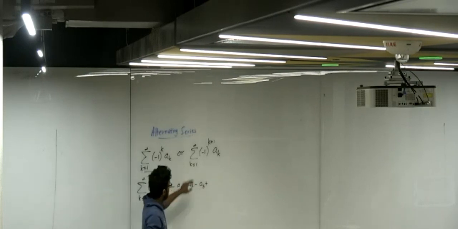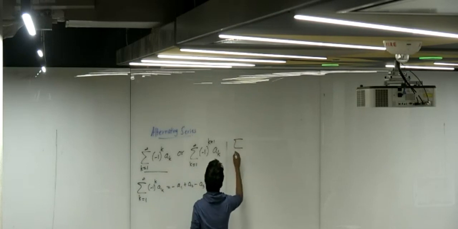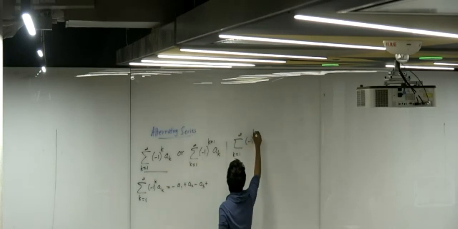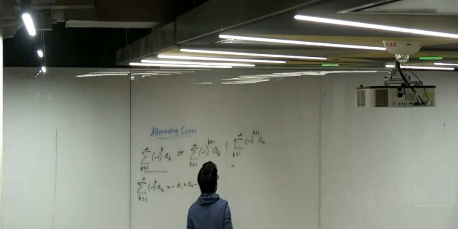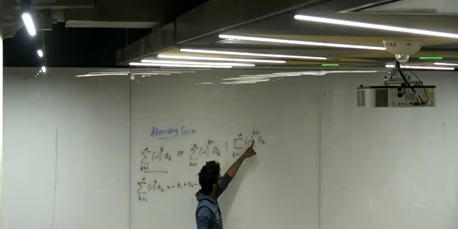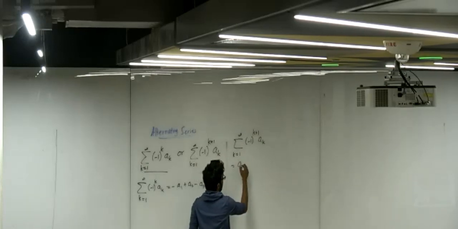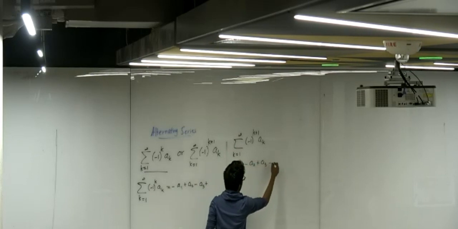If you consider the second one that I mentioned, sigma k goes from 1 to infinity, negative 1 to the power k plus 1, a_k, and you substitute k equals 1, you would get negative 1 to the power 2, that is 1. So you would get a1, negative a2, a3, and it continues like that.